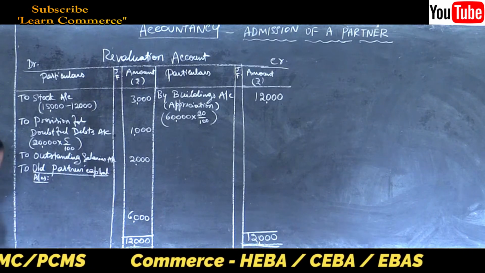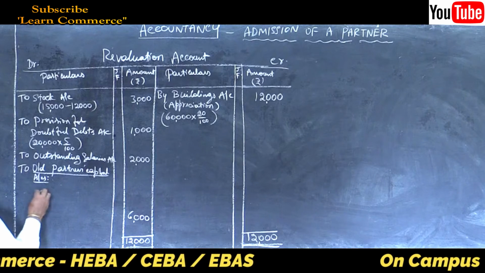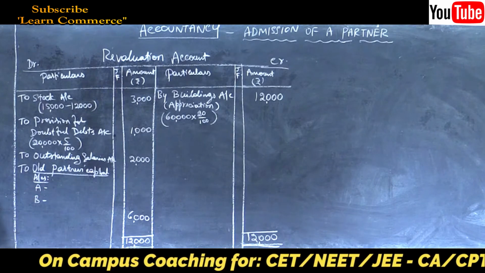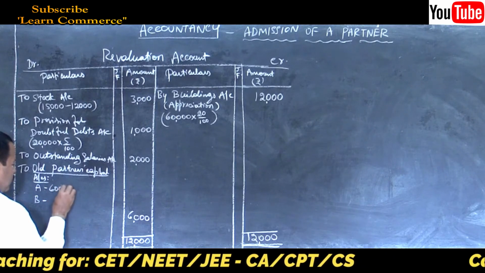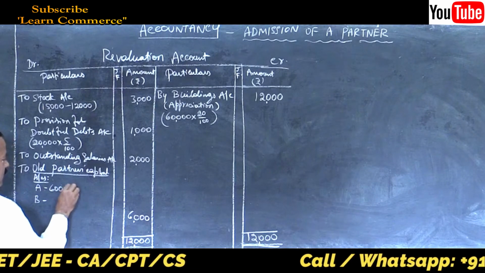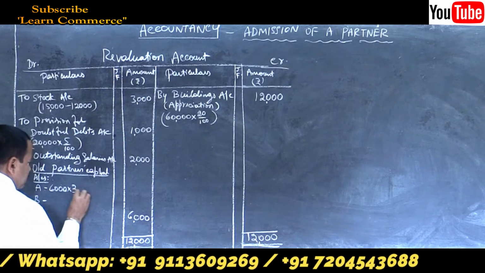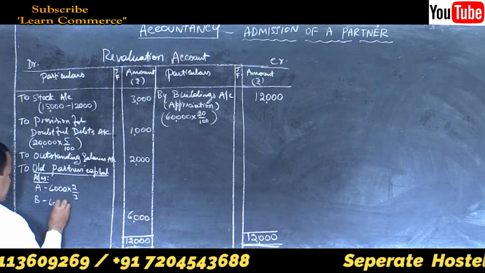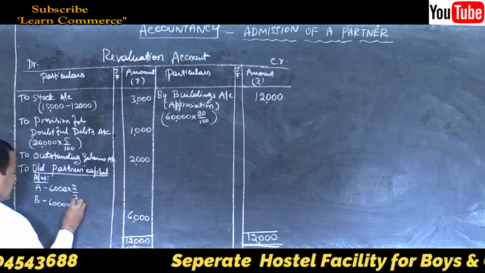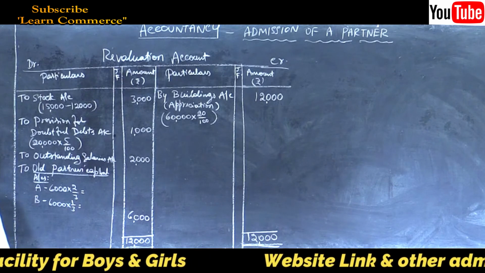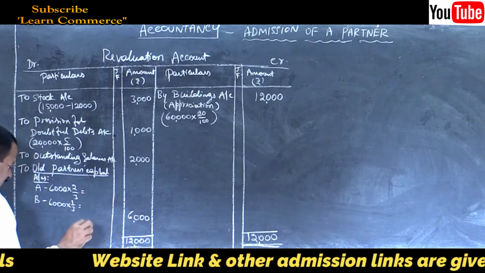Now share it among them. Who are the partners? Old partners A and B, right? 6,000 into their old ratio. How much? 2:1, 2/3 and 1/3. So 6,000 into 2/3 and 6,000 into 1/3. It will be how much? 4,000 and 2,000.